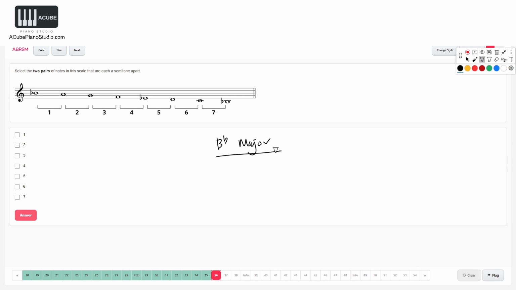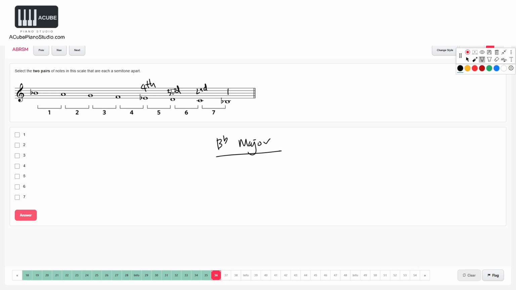Okay, so if it is B flat major, from all major keys, where are the two semitones? It's from the 3rd to the 4th note, 7th to the 8th note, right? So this is the 1st degree, this is the 2nd degree, this is the 3rd degree, this is the 4th degree.